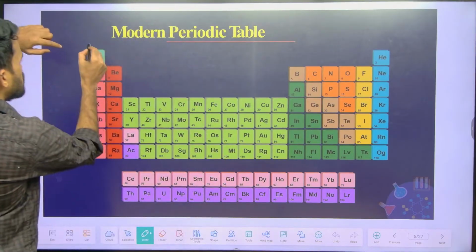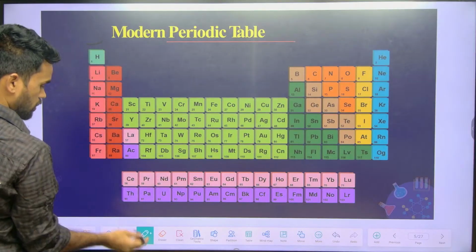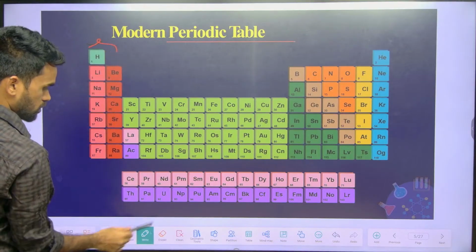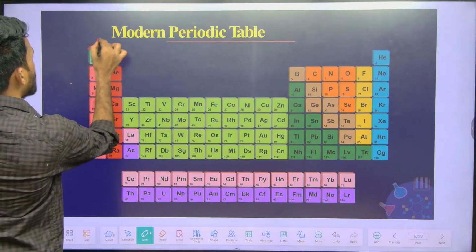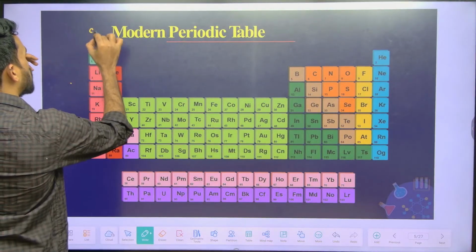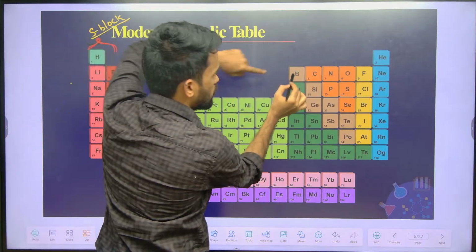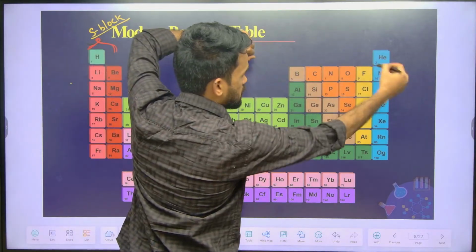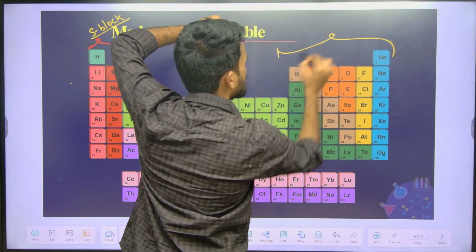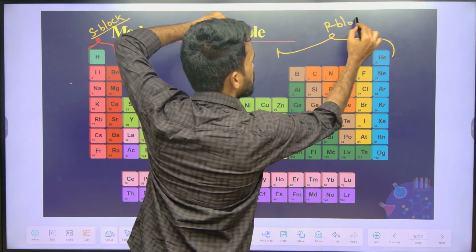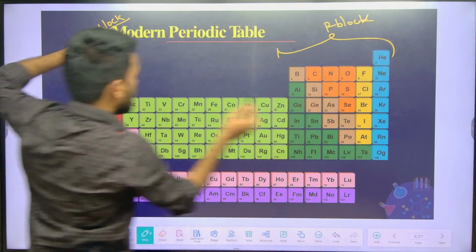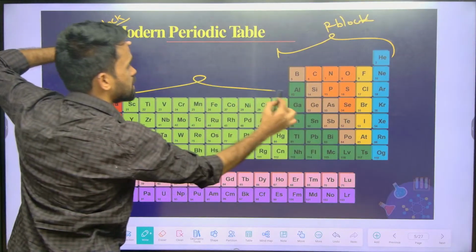So these first 2 lines are called the S block. What is that? S block. And now from boron to helium, this region is called the P block. In between S and P we have the D block.